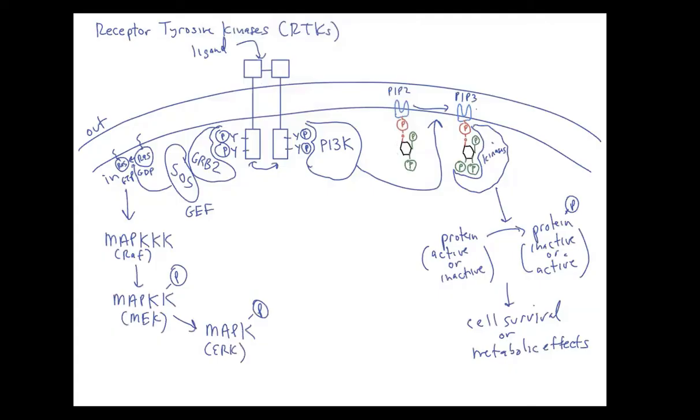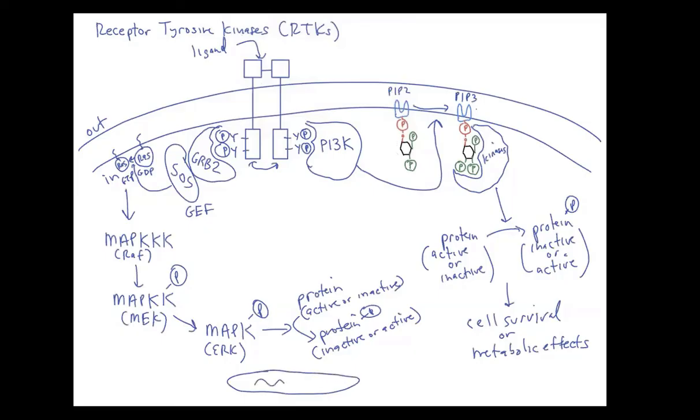So MEK is going to phosphorylate and activate ERK, or MAP kinase, and MAP kinase then, like other protein kinases, can take a protein, whatever that protein is, could be in the active state or inactive state, phosphorylate it, and now you can have less activity or more activity. And the MAP kinase can also go into the nucleus and can phosphorylate a protein that's sitting in the nucleus, and that could then affect gene transcription.